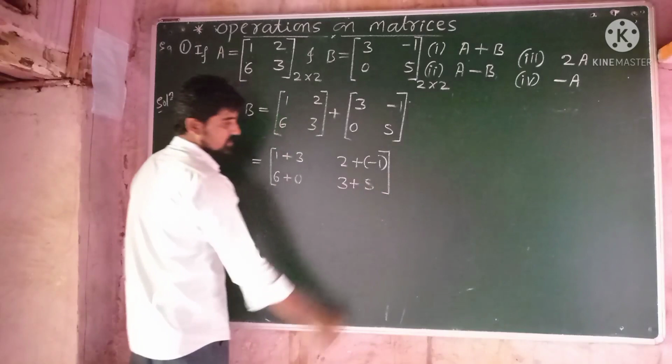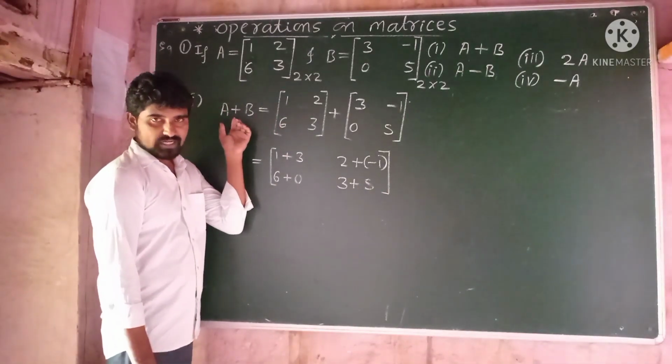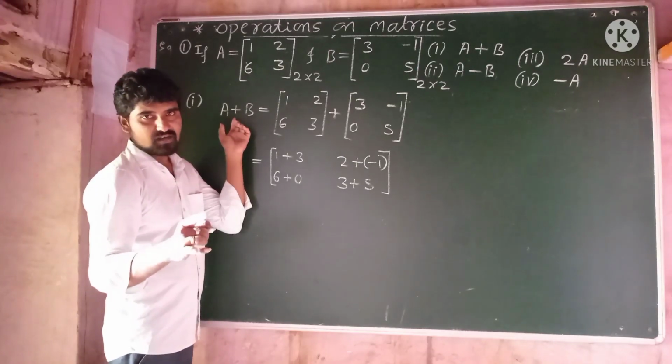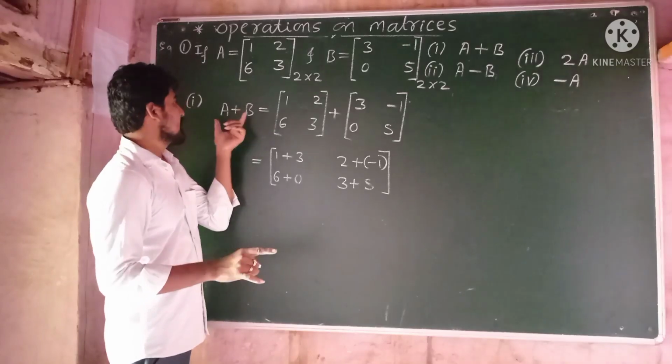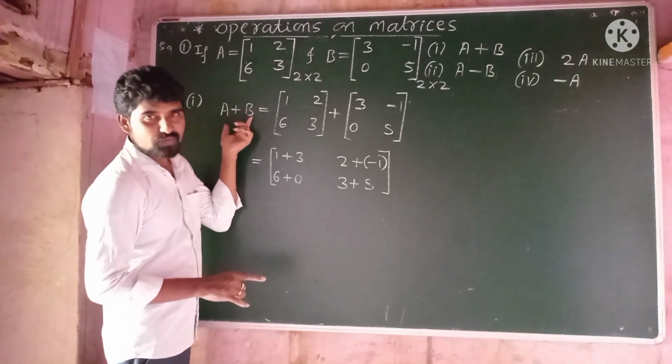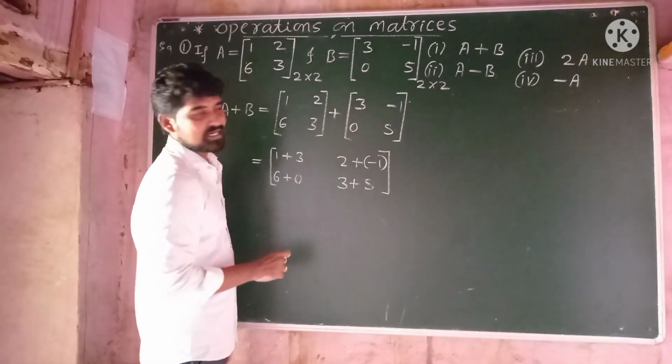I hope all of you are understanding. So when we are finding addition of two matrices, the first condition is orders of both the matrices must be same, and second condition, addition of two matrices is obtained by adding the corresponding elements of both the matrices.